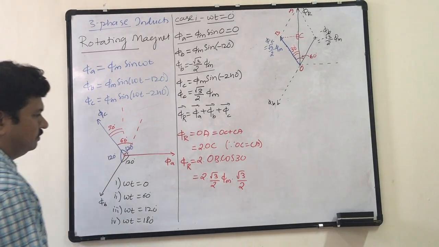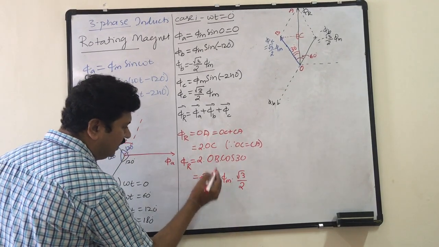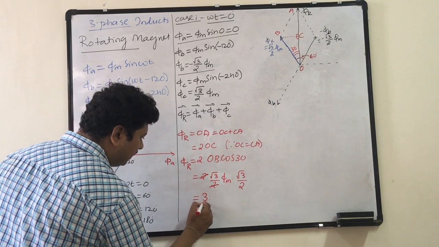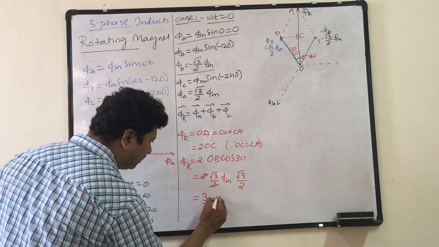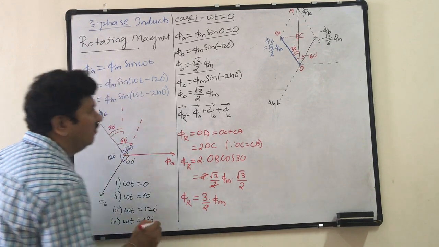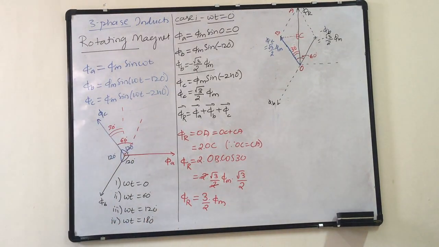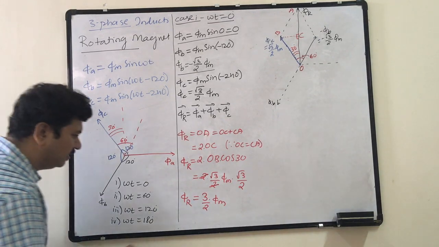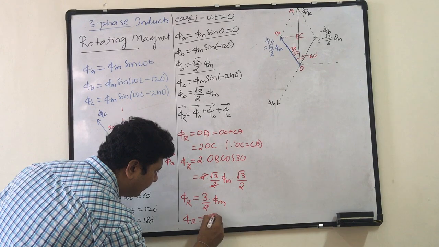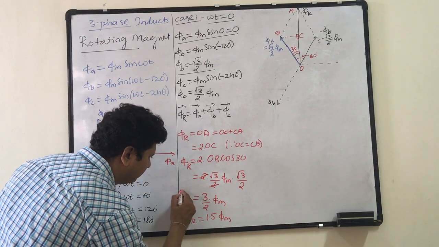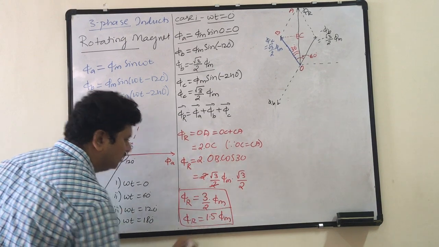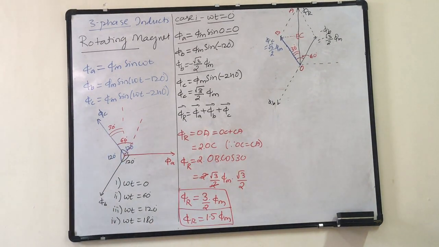So the 2 and this 2 get cancelled. Root 3 into root 3 is 3, by 2, 1, 2 will remain, and this is phi m. So the resultant vector of the 3-phase flux is phi r equal to 1.5 into the maximum value.